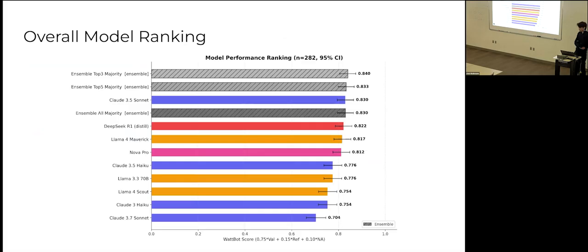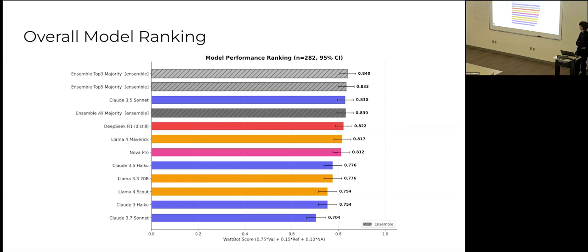This is the headline result of the Bedrock models. Like we said earlier, this is based on 75% value accuracy, 15% reference overlap, and 10% unanswerable or NA recall. We ran all the same 282 questions from the test set for each model, and 3 different ensembling strategies, which are listed here. The first thing to notice is that the ensemble methods are topping the chart.